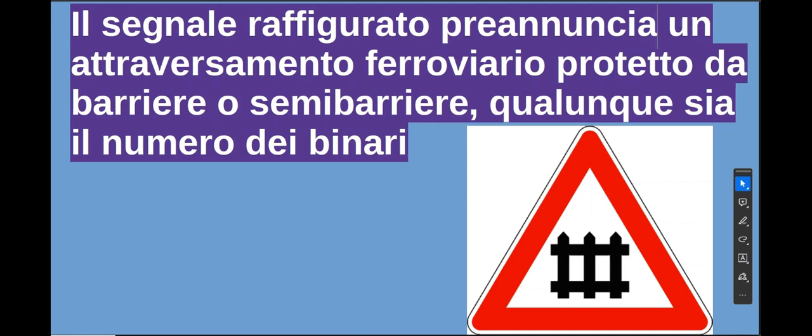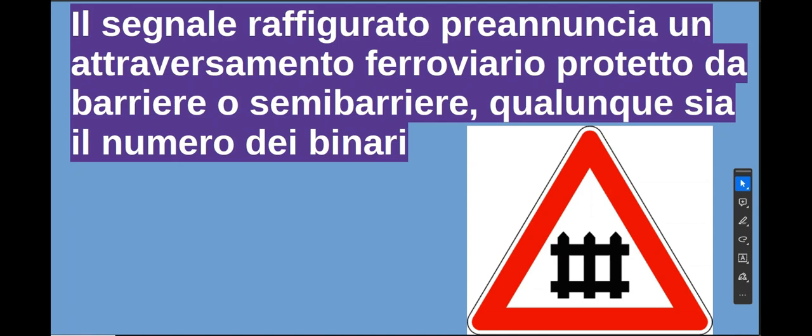Ok, now let's see. Il segnale raffigurato preannuncia un attraversamento ferroviario protetto da barriere o semibarriere, qualunque sia il numero dei binari. So the question is exactly referring us to the perfect meaning of the sign.